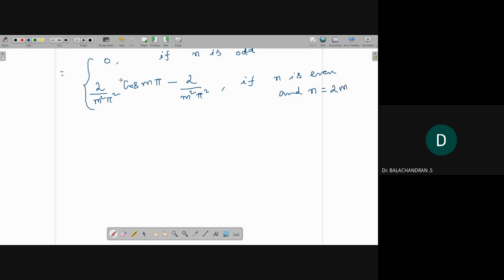So this is equal to, again I will write 0 if n is odd. You can take commonly 2 by m square pi square.